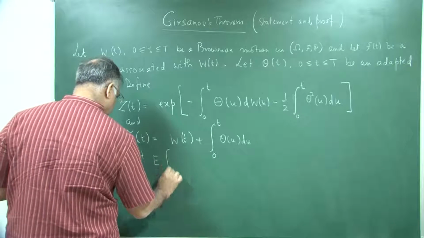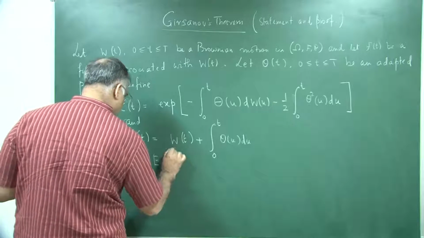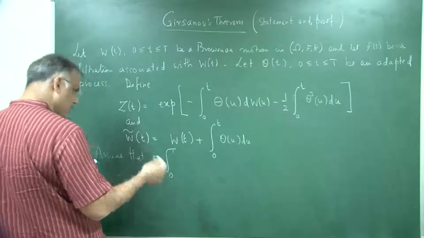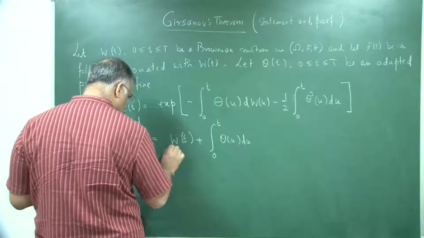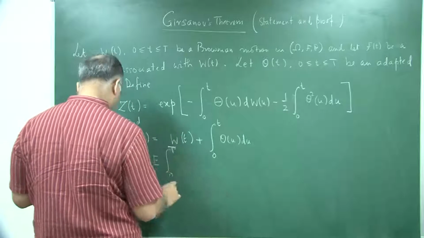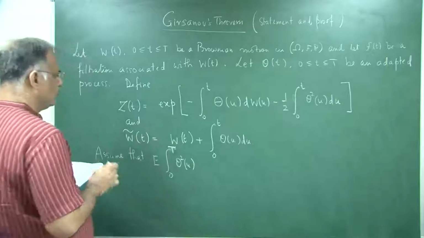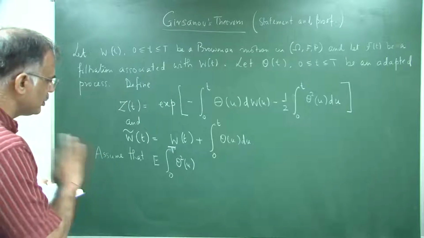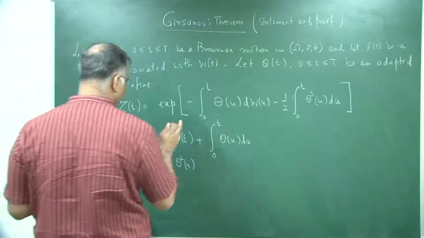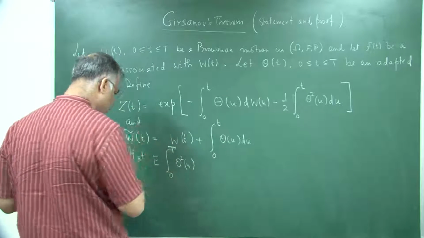So, now we are putting a condition which guarantees the existence of an Ito integral, which will come in the proof of the theorem. Those who have not done the details, just learn the statement that from an old Brownian motion you can construct a new Brownian motion, that is enough.